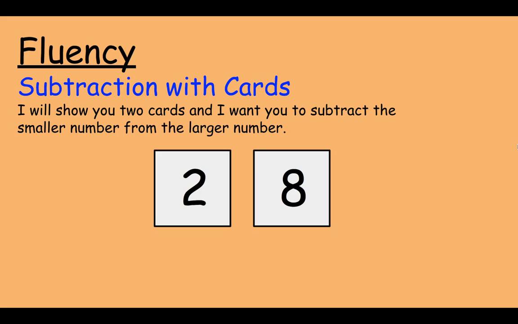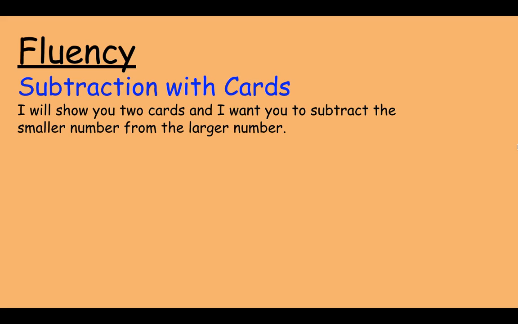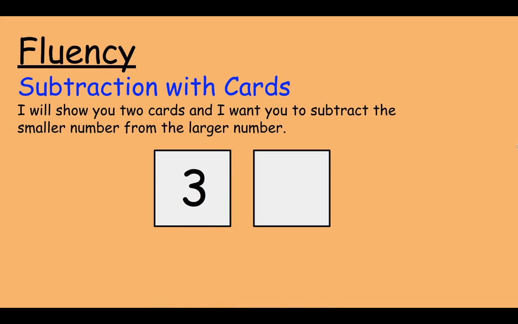And 8 minus 2 is 6. Let's see if we can get a little faster. So you're going to look at these 2 cards and decide which is the bigger number. And say that number minus the other number. 5 minus 3 equals 2.